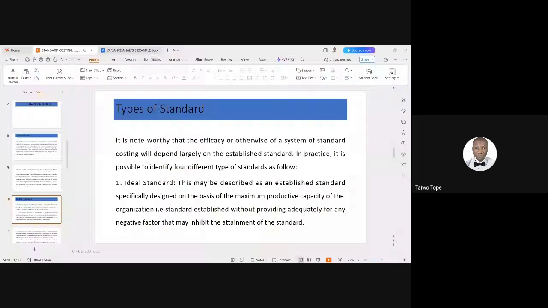It does not consider the fact that there can be traffic on your way. It does not give room for excuses that your wife is pregnant, you cannot come to work today. That is ideal standard. It assumes that everything must be in a perfect state, in a perfect condition.